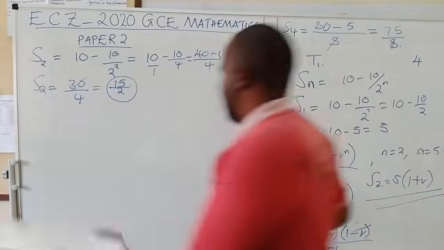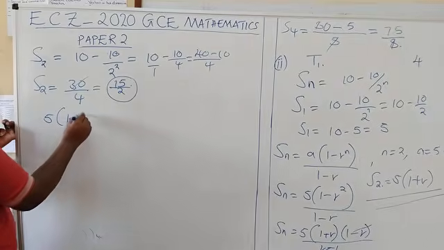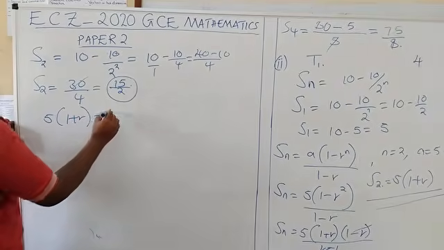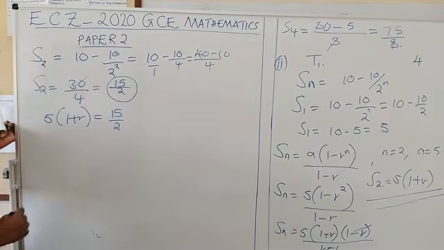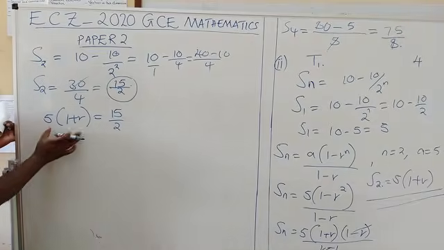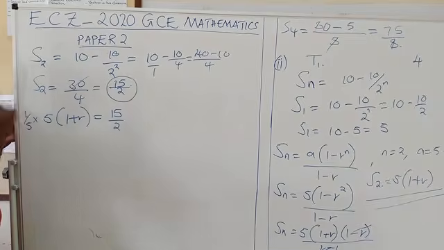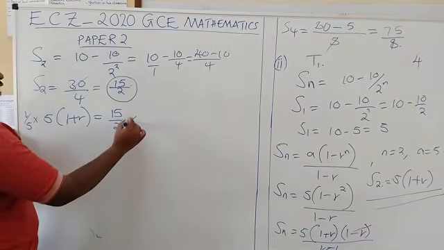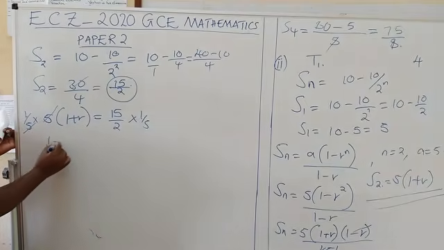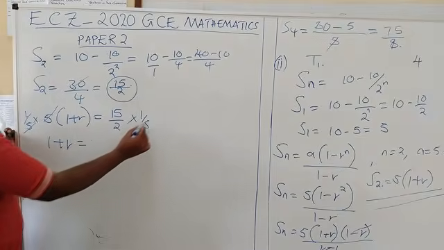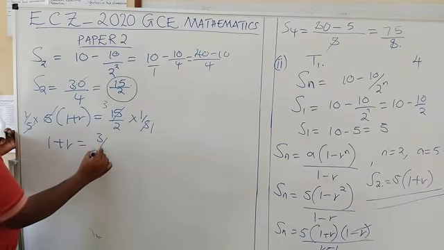So we are going to say 5, open the bracket, 1 plus r is equal to 15 over 2. Here we can multiply by the multiplicative inverse, which is 1 over 5, because we don't want the 5. So that this and this one will cancel, but 1 plus r is equal to 5 into 15 is 3, so you have got 3 over 2.